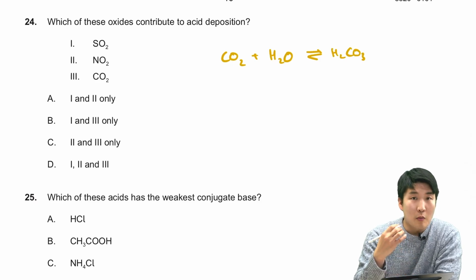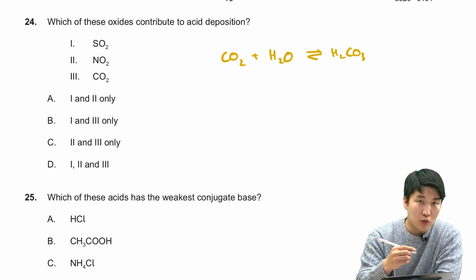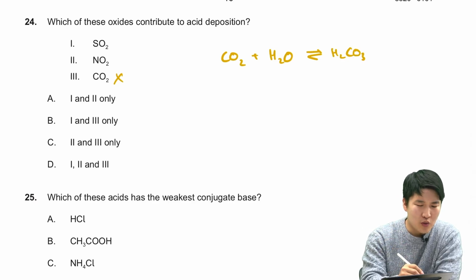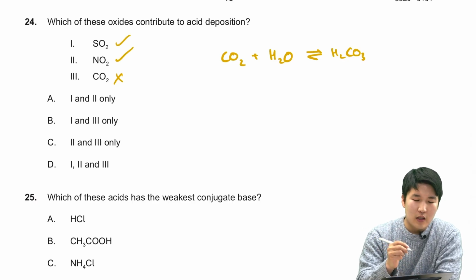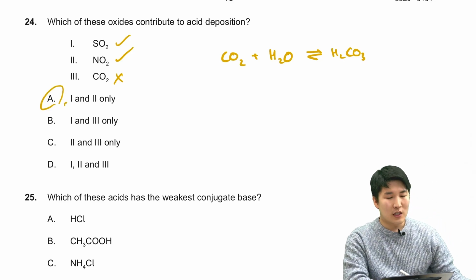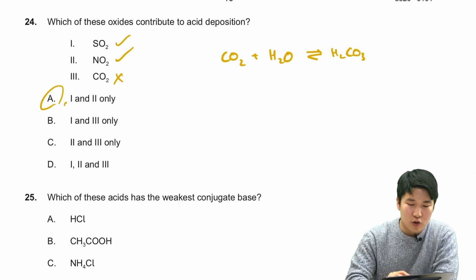However, the human activity caused production of SO2 and NO2 will result in sulfuric acid and nitric acid, which is not natural. Therefore, we do not want to include CO2 in oxides contributing to acid deposition.